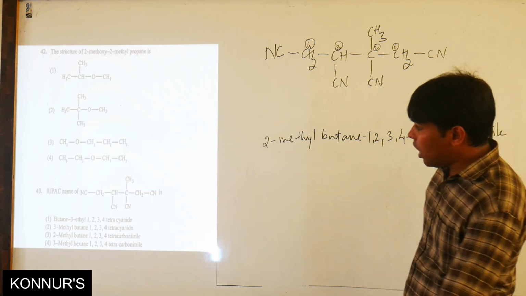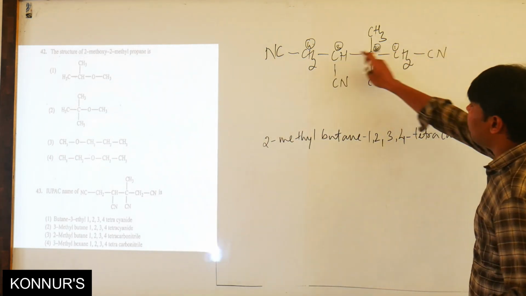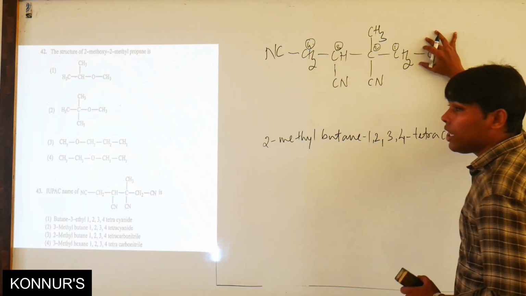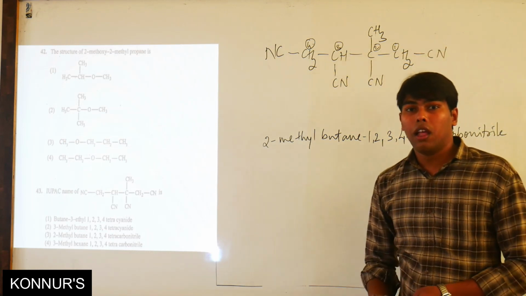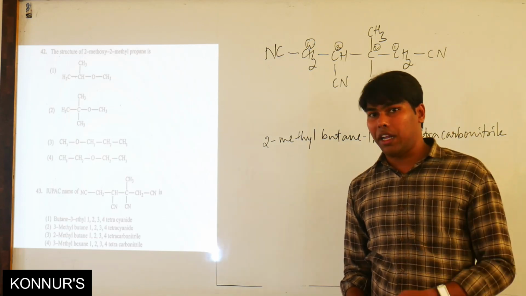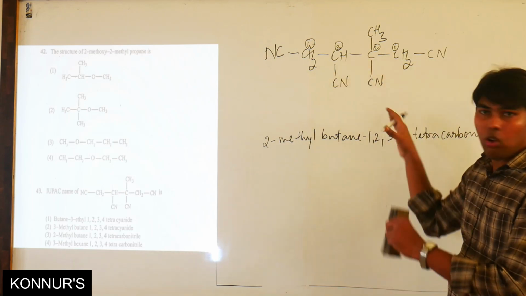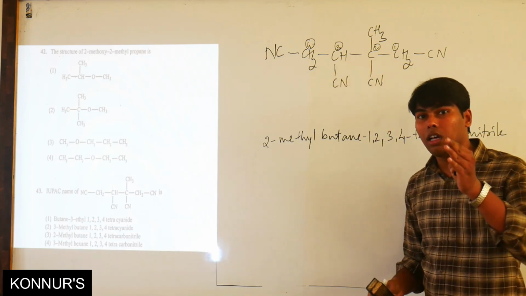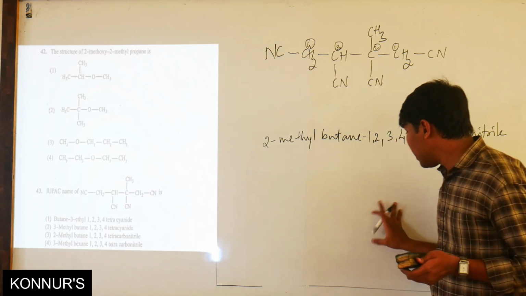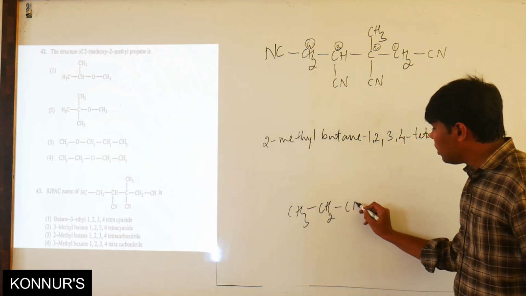Here the carbon is excluded from the parent chain. If the carbon of that cyanide is excluded, it should be taken as a carbonitrile. If I include that carbon, in some examples we will, let us suppose we will take that example. CH3, CH2, CN.